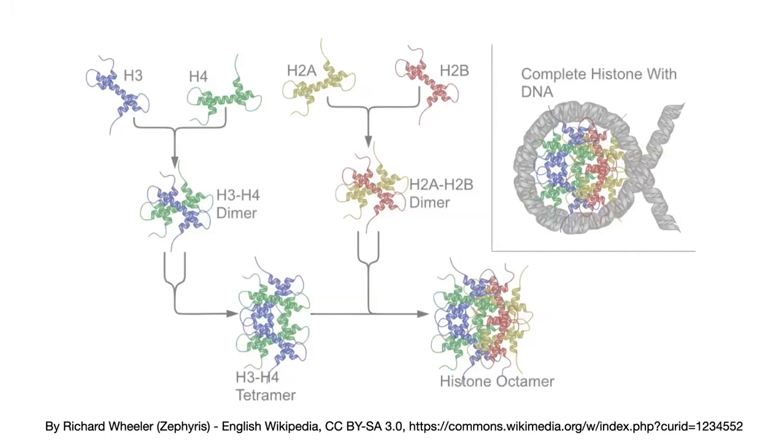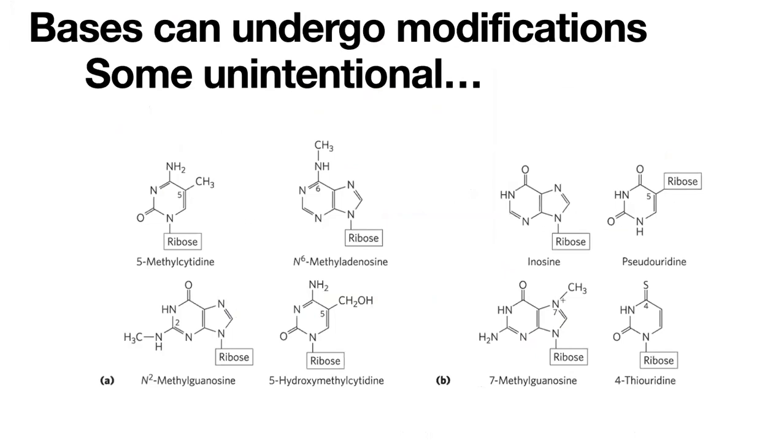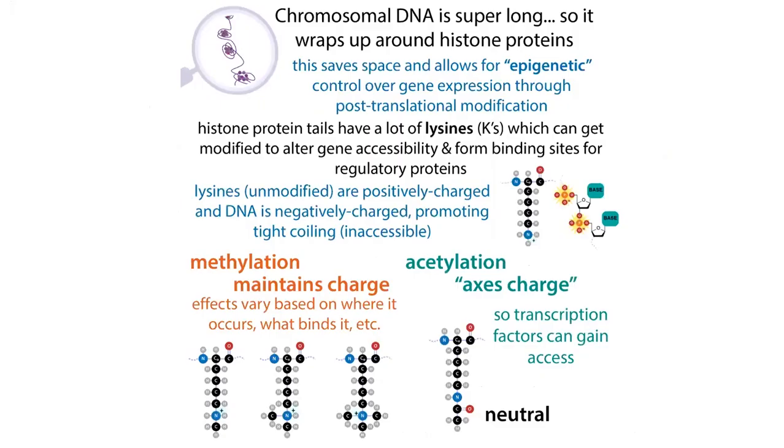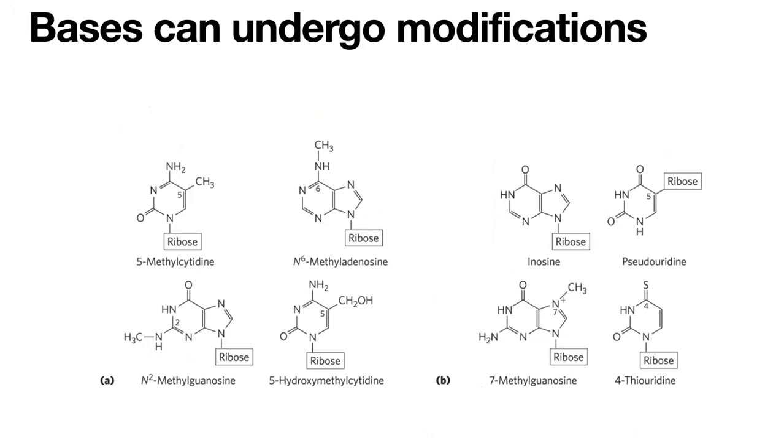There's also a form of epigenetic regulation in which we're actually modifying the DNA itself. So we can have methylation, say, of the DNA bases themselves, not just of the lysine protein. This can get kind of confusing, but we can methylate the DNA bases. And most typically, this is going to happen at a methylcytosine.